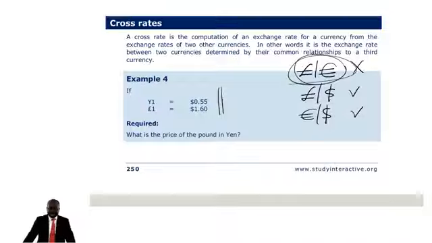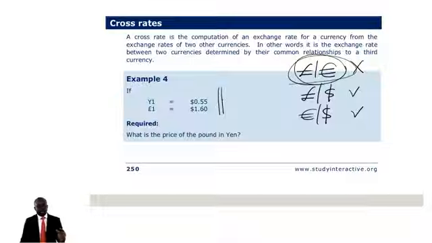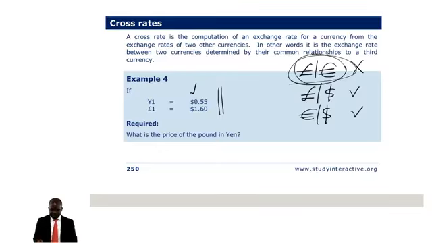How will I bring it out? These two currencies, yen and the pound, I'm looking for the exchange rate. They are linked to a third currency called what? Dollar. Can I do that proportion? If 1 yen is equal to $0.55, 1 pound is equal to $1.6.